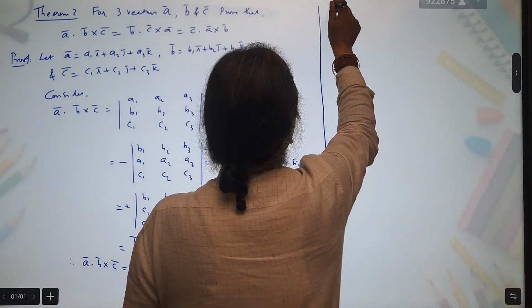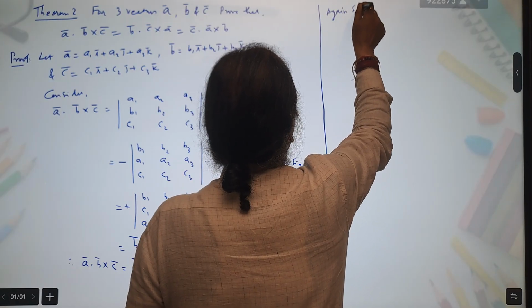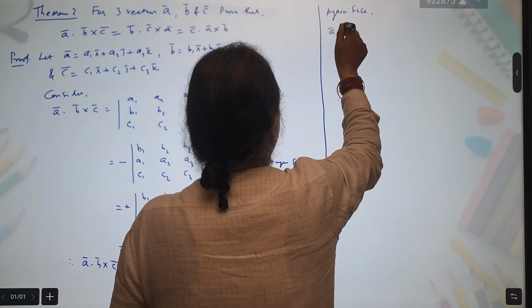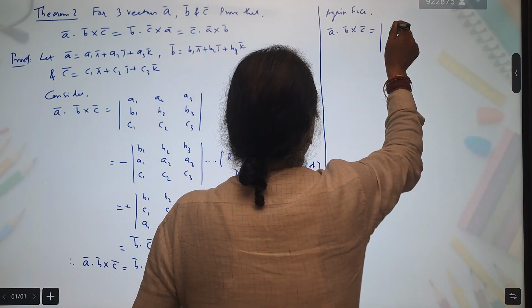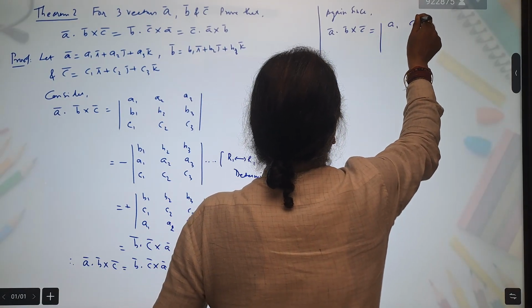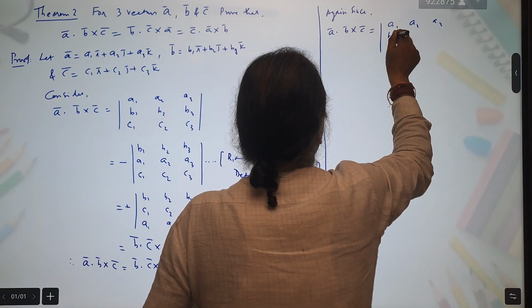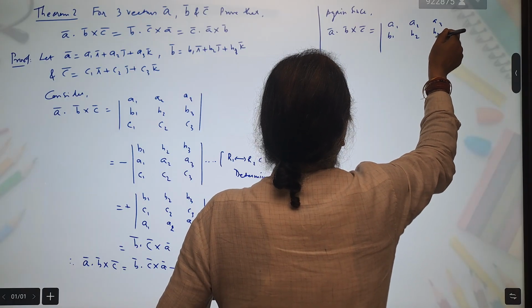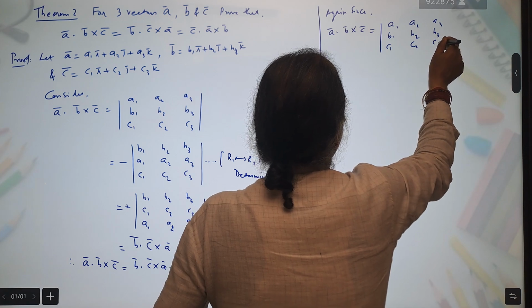Again, since A bar dot B bar cross C bar is determinant A1, A2, A3, B1, B2, B3, C1, C2, C3.